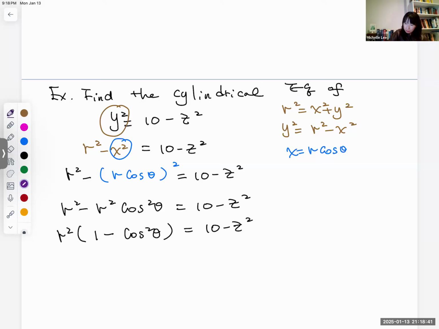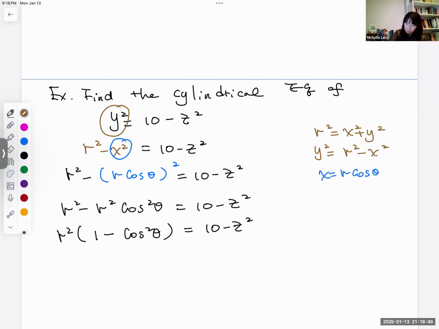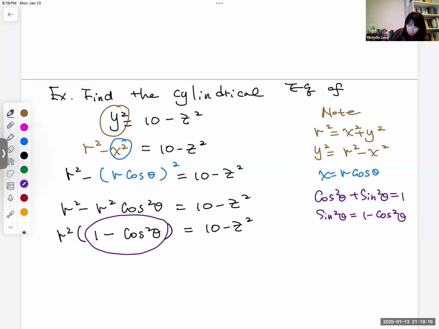Then we know that cosine squared theta plus sine squared theta equals 1. So 1 minus cosine squared theta is sine squared theta.